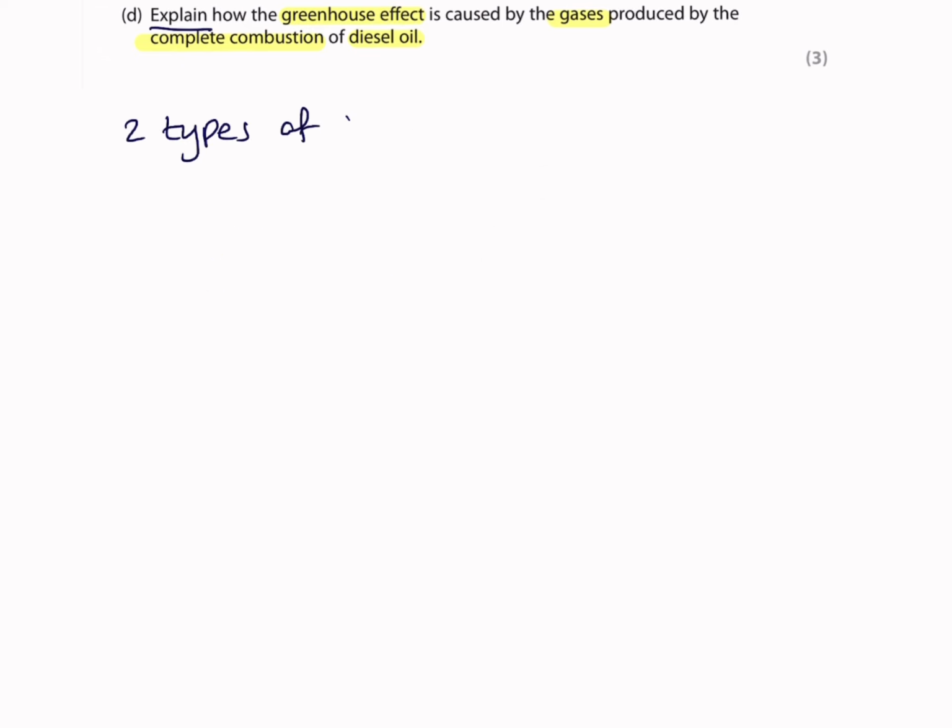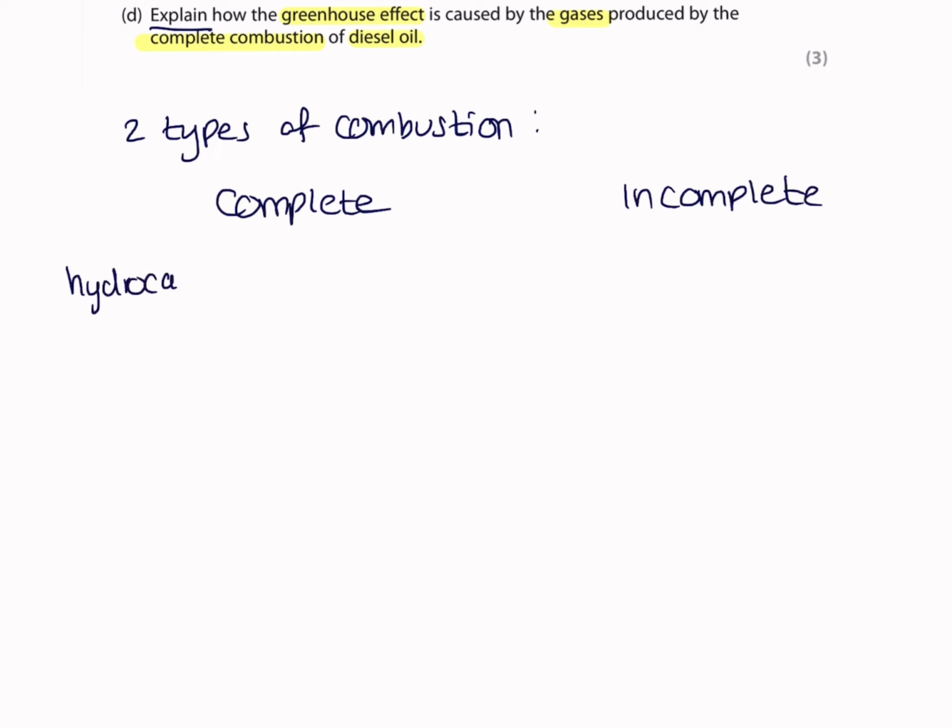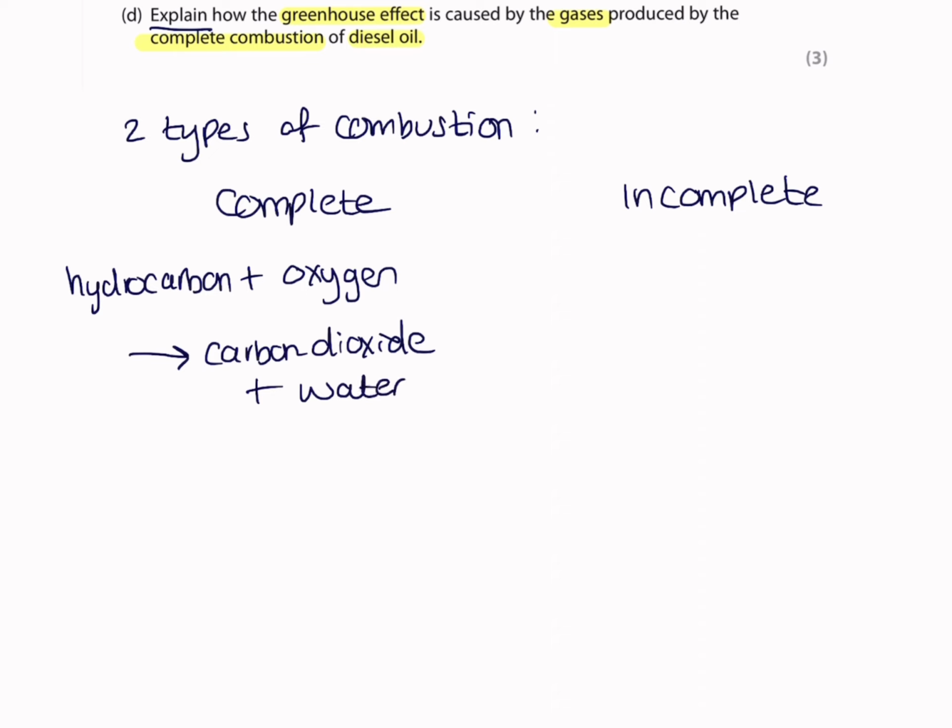So the first bit we're going to talk about is the combustion. There are 2 types of combustion. We have complete combustion and we also have incomplete combustion, and we'll look at the difference now. So complete combustion, the equation is any hydrocarbon plus oxygen gives you carbon dioxide and water. Whereas the incomplete combustion equation looks a little bit different.